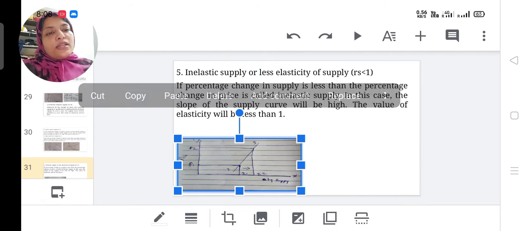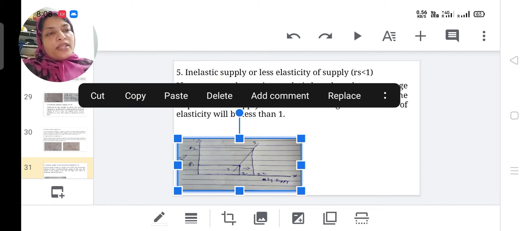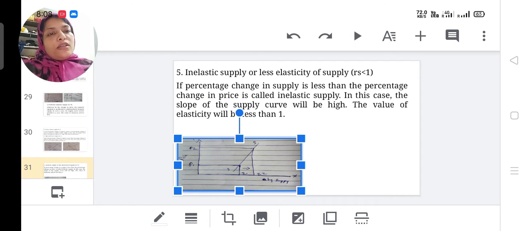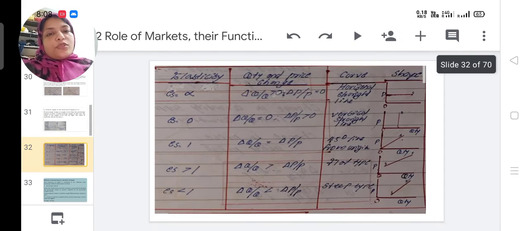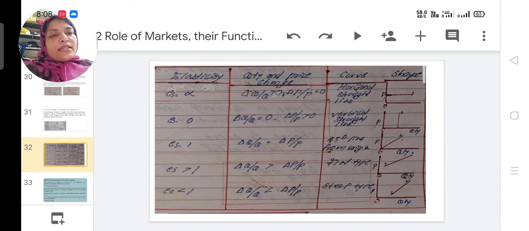Look into the diagram. The slope is not like the previous one. So we can conclude the elasticity in a table. First case is perfectly elastic, that is, the percentage change in quantity is greater than the percentage change in price.